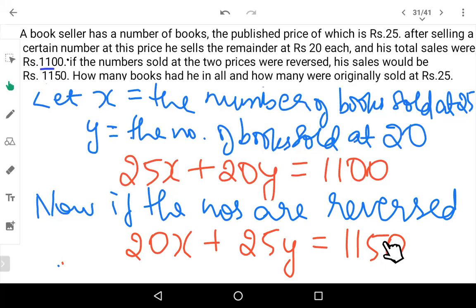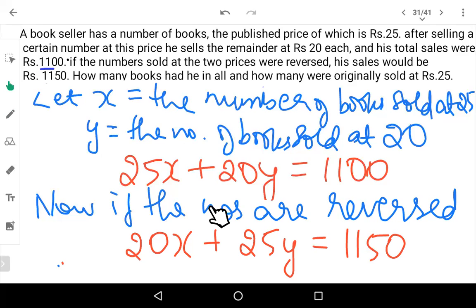Now solve them simultaneously. You can either use the elimination method or the substitution method. That is up to you. If you want to use the substitution method, you can use that and find the answer for x as well as y. Okay.